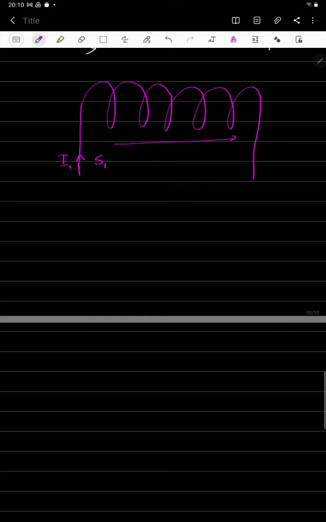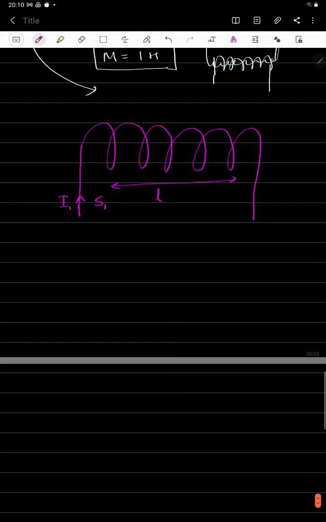Let us take the length of this solenoid as L. The same length of solenoid we will take here. Another solenoid I am going to place inside this solenoid. Both of these solenoids are insulated. Don't think both are overlapped like that.